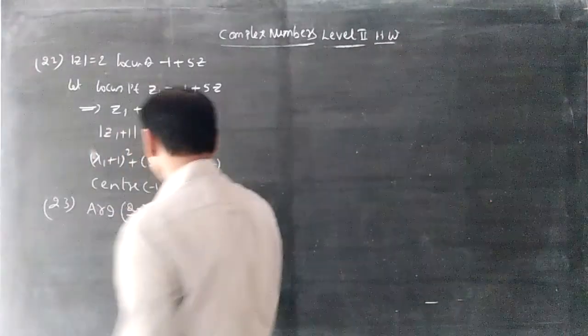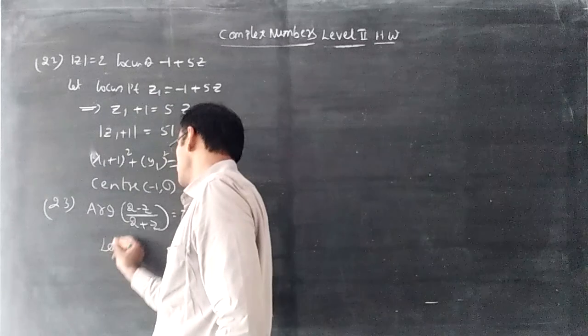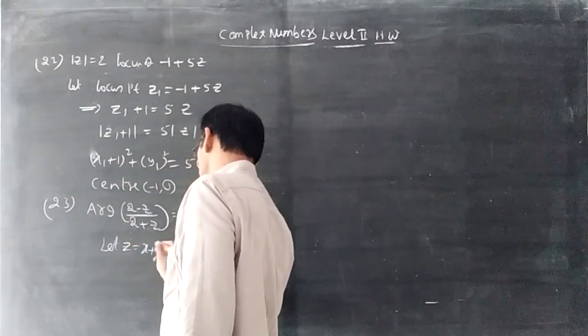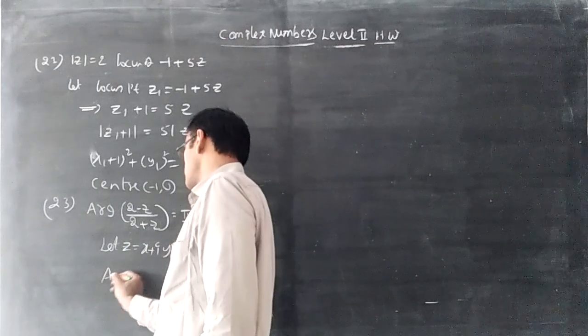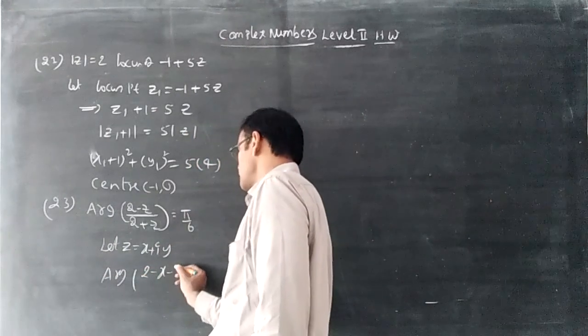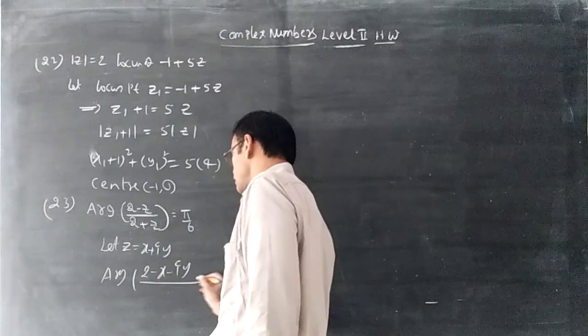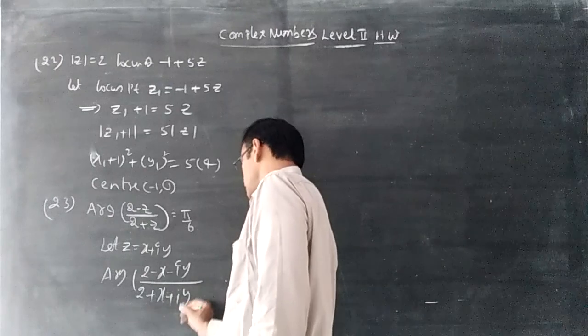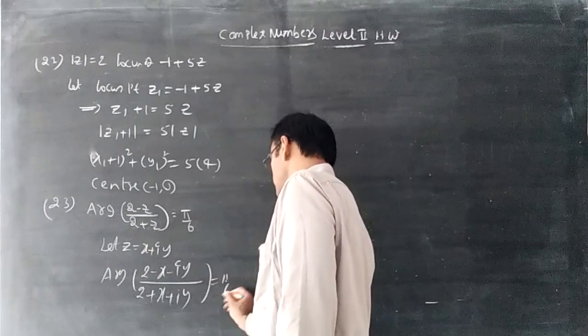Simply sum. Let z is equal to x plus iy. Argument of 2 minus x minus iy by 2 plus x plus iy is equal to pi by 6.